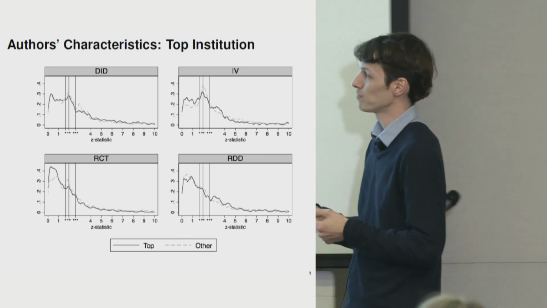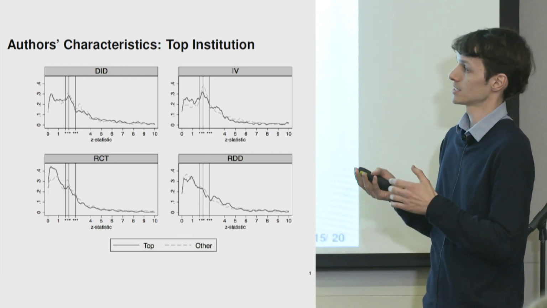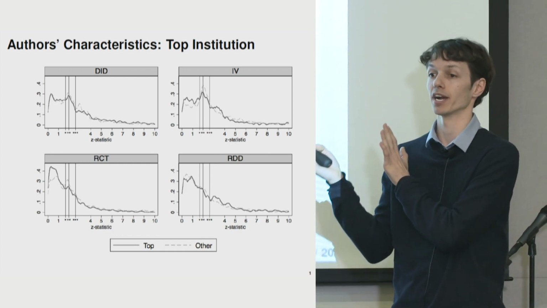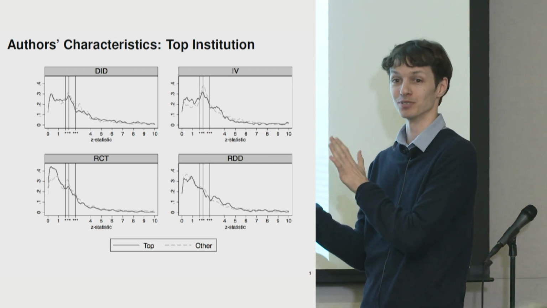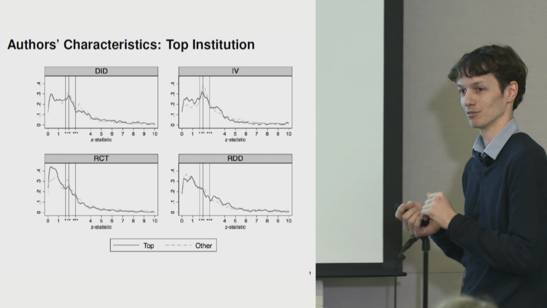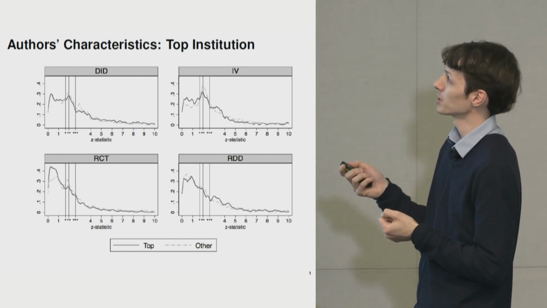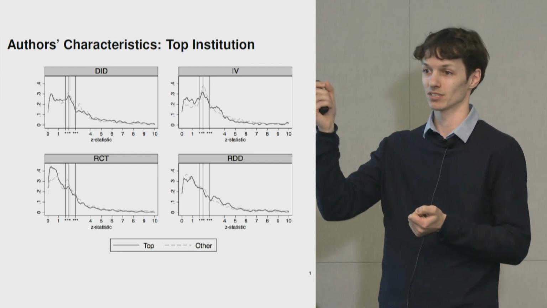The only thing you seem to find is for RCT, people like Ted Miguel, Esther Duflo, etc., they can actually publish an RCT that doesn't find an effect, whereas maybe some people might not be able to do this in top 25 journals, okay? Which is really good. Whereas for IV, again, somebody not at a top institution like me, the likelihood that it's significant at the 5% level is slightly higher.